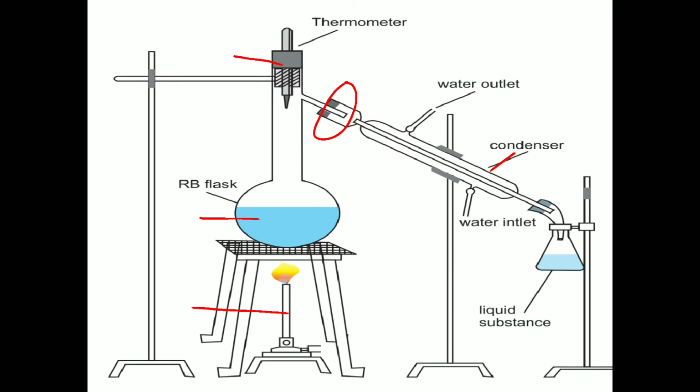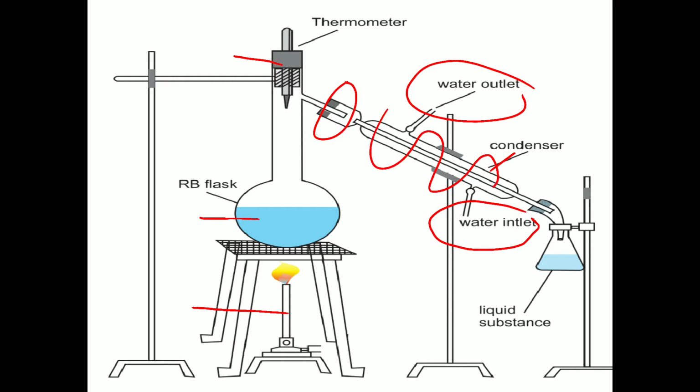This is a water condenser, so it has one water inlet and another water outlet. Water is circulated, passed in through the water inlet and removed from the water outlet.